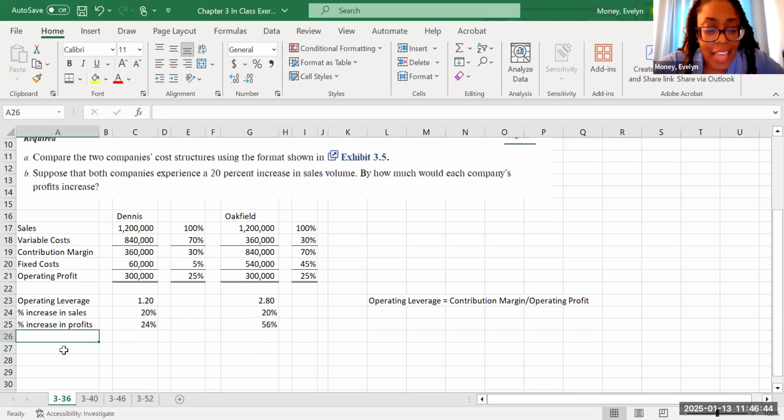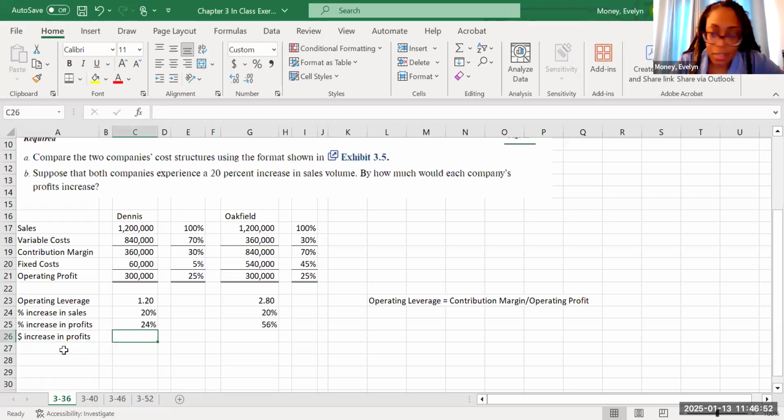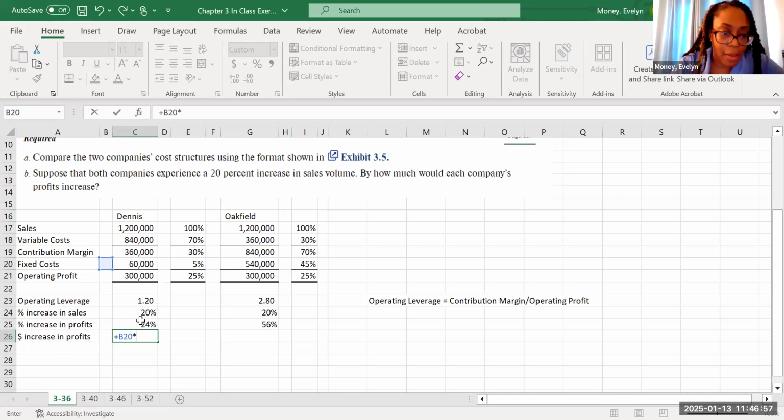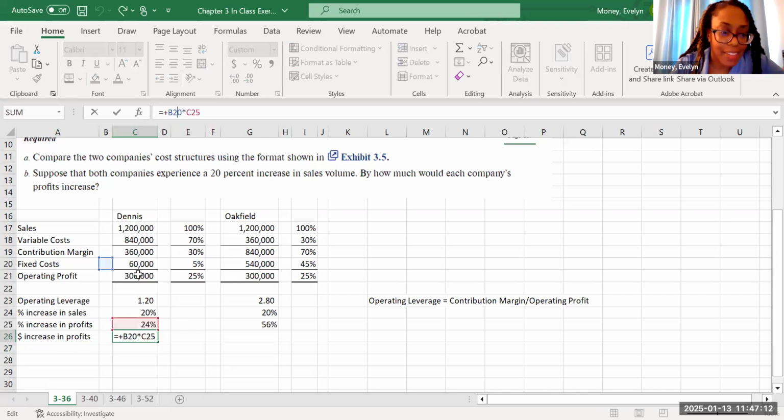Now let's see the actual dollar increase in profits. And we can simply take the 300,000 and multiply that by the 24%. I hit the wrong thing. I need to change that, not B20. That should be C21.